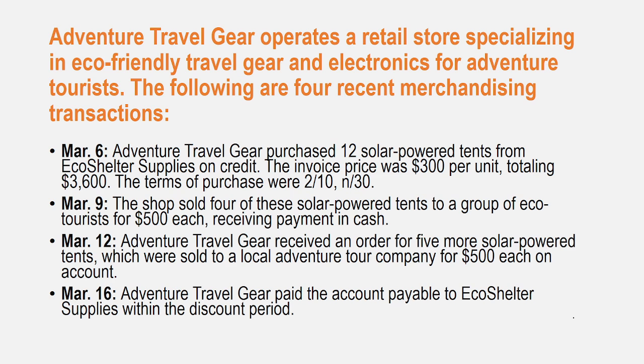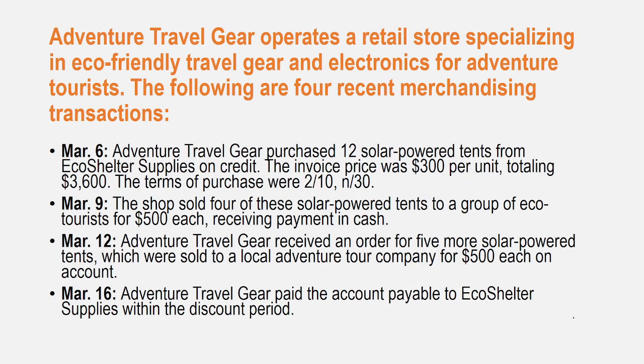Before going into details for each transaction, I want to give a general overview. On March 6th, purchasing merchandise on credit takes place. Transaction number 2 takes place on March 9th, when selling merchandise for cash takes place. The next scenario takes place on March 12th, when selling merchandise on account takes place, and Adventure Travel Gear receives an order for 5 more solar power tents.